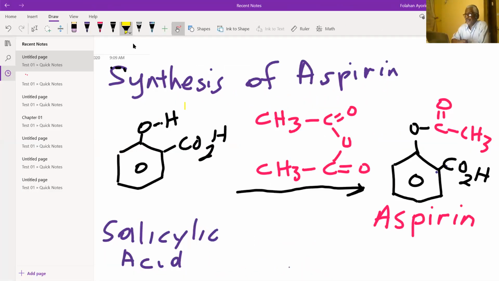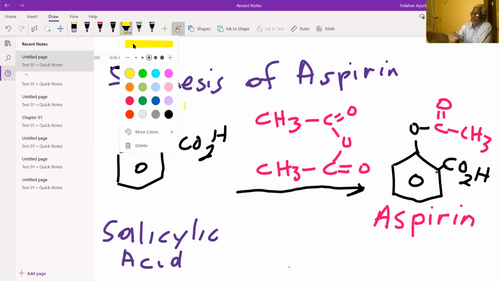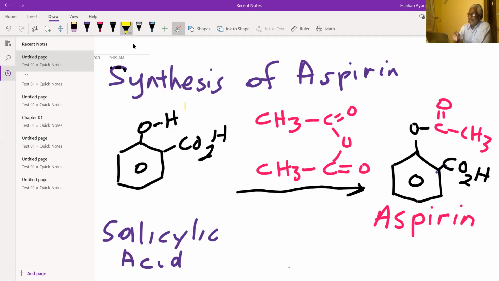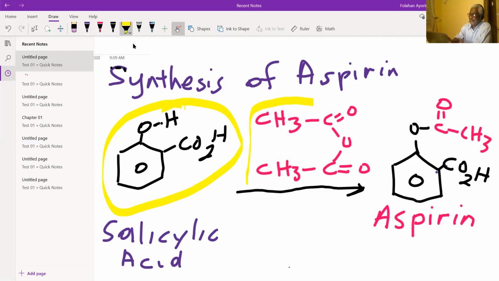Okay, so I want to discuss this with my students. If you notice here, what are we doing with the synthesis of aspirin? We are taking a molecule of salicylic acid, reacting that molecule of salicylic acid with another molecule.